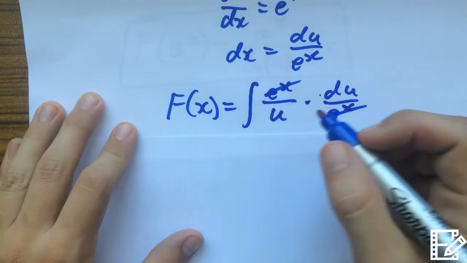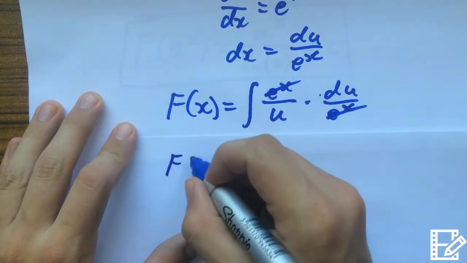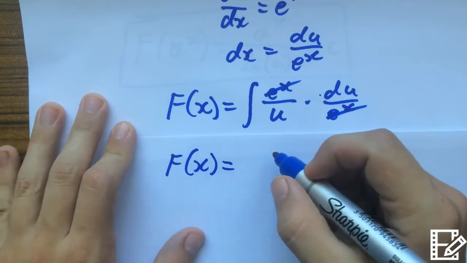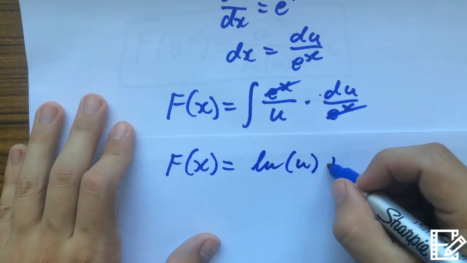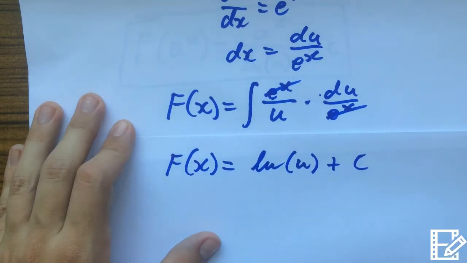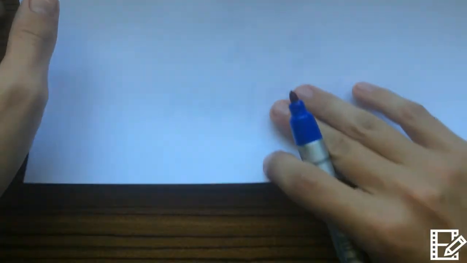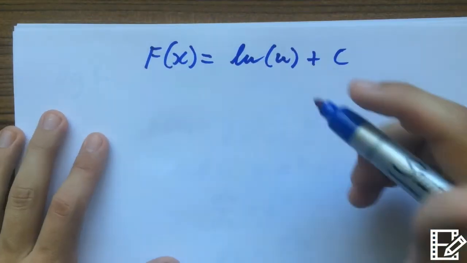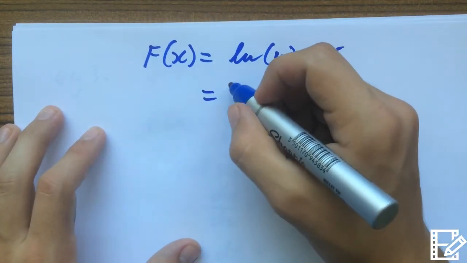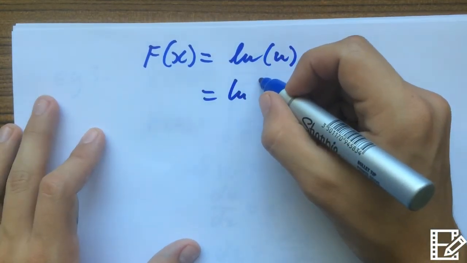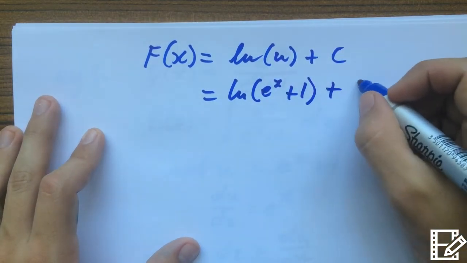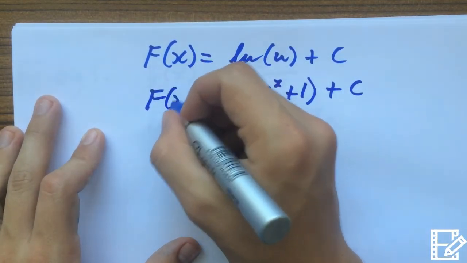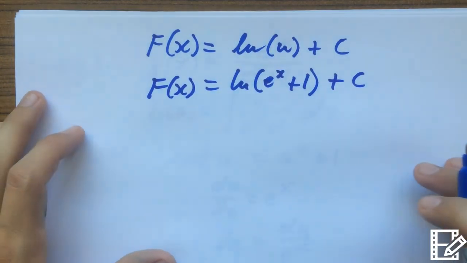Okay, so 1 on u should be pretty easy, we just did it, is ln of u plus c. And now we're going to sub back in u. We said that u was e to the power of x plus 1 and plus c, and that there is our integral.